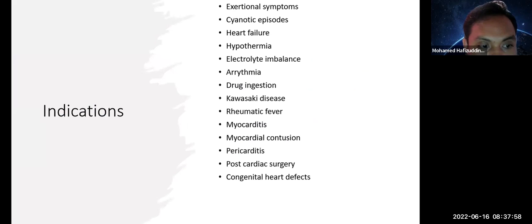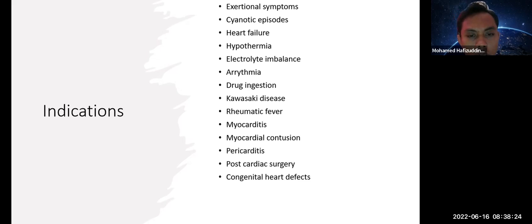There are several indications for doing the ECG. First, if there is any presence of symptoms, exertional symptoms, cyanotic episode, any sign of heart failure in the children; if we suspect hypothermia, electrolyte imbalance, and any presence of arrhythmia or palpitation in the children.